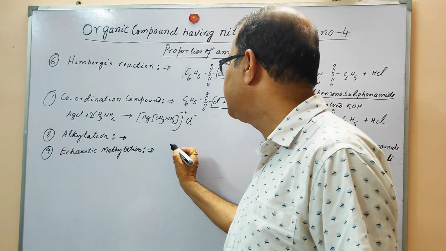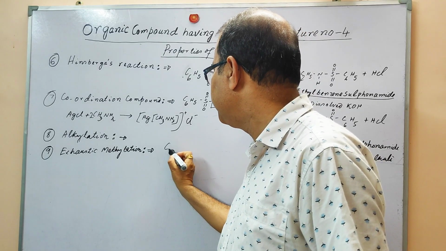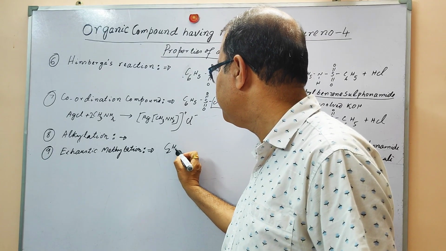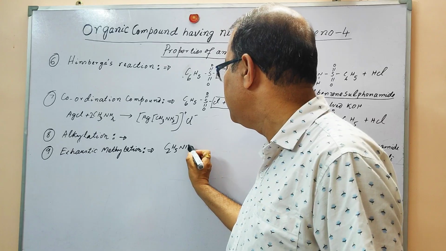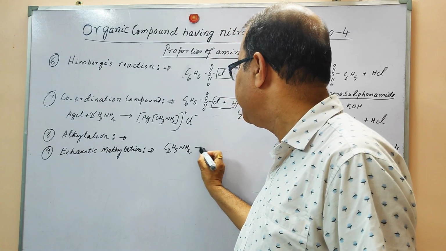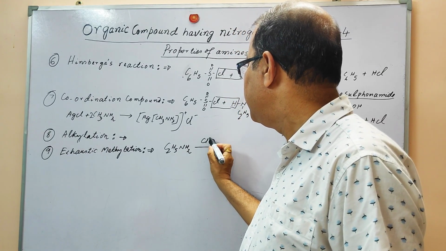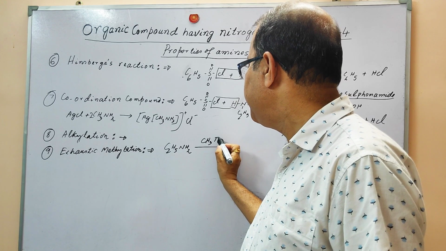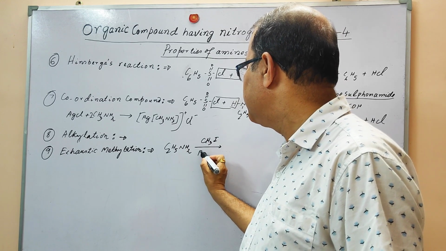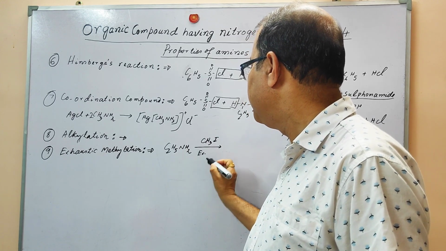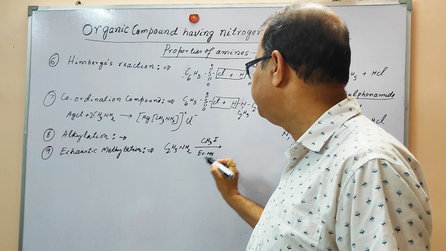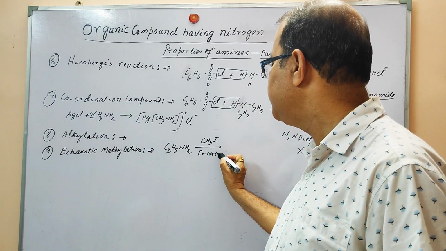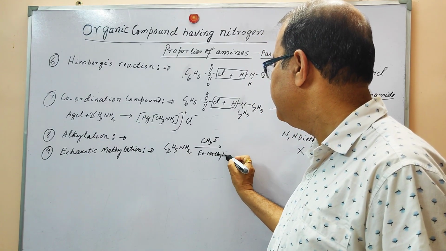And in this reaction, you can see that we are taking C2H5NH2, and we have taken methyl iodide, and this is the exhaustive methylation process, because we are using excess methyl iodide.